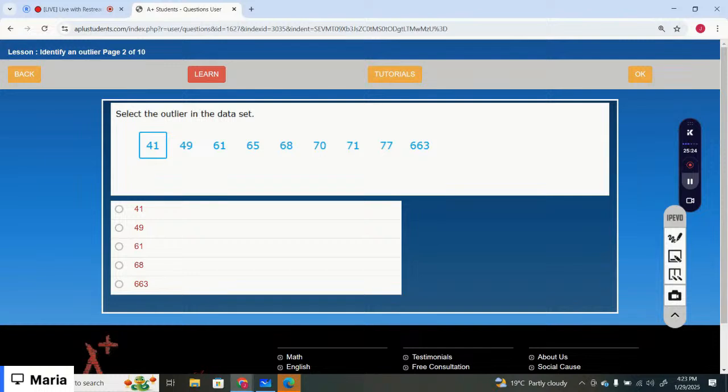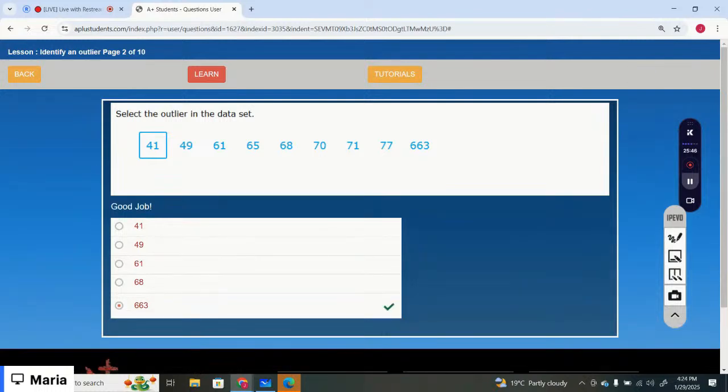Select the outlier in the data set. That is 663. The last option is the correct option.